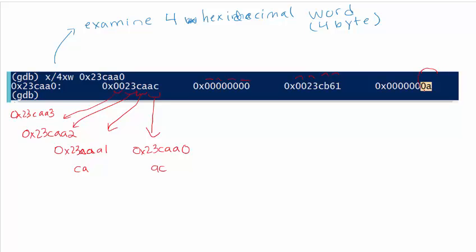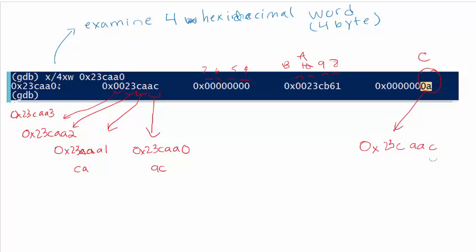And a C is the number 12 in decimal, but in hexadecimal it's a C. So that was 0, 1, 2, 3, 4, 5, 6, 7, 8, 9, A, B, and address C is right there.